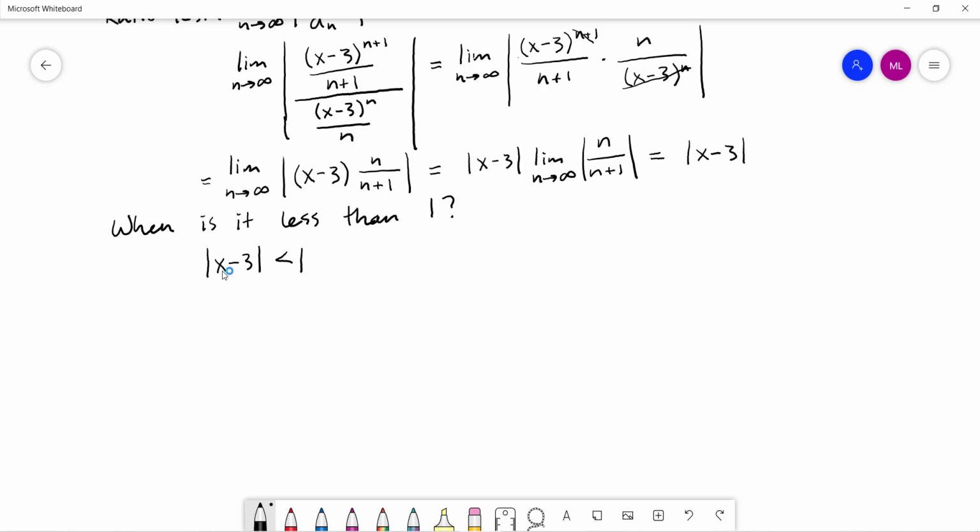I can make this value of x be as large as 4, up to but not including 4, and that would make this number in here be 1, absolute value of 1 not less than 1. So I can't let it be equal to 4, but I can get up to but not including 4. Similarly, because of the absolute value, I could go in the negative direction. I could get this thing to be a value of up to but not including -1, and the absolute value will make it positive.